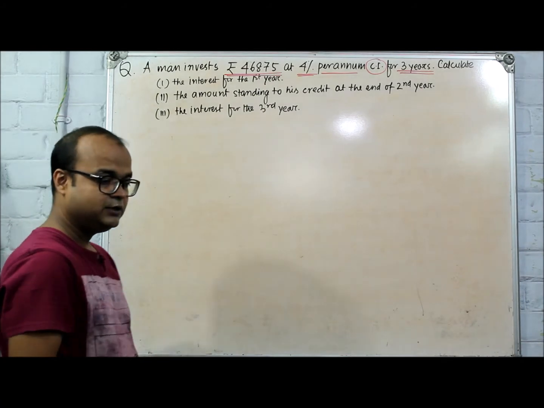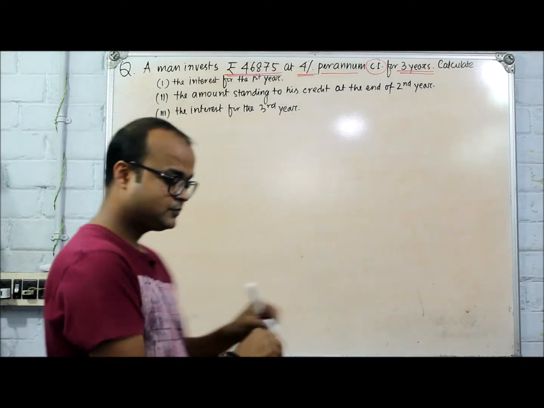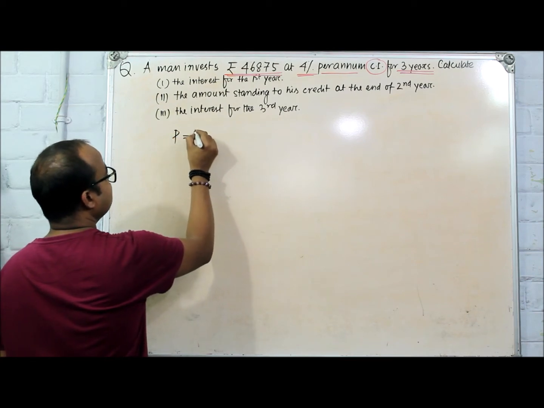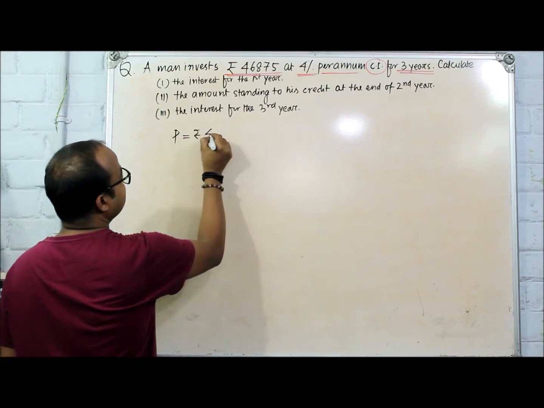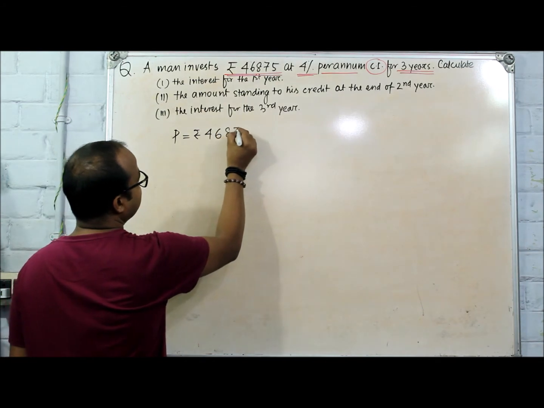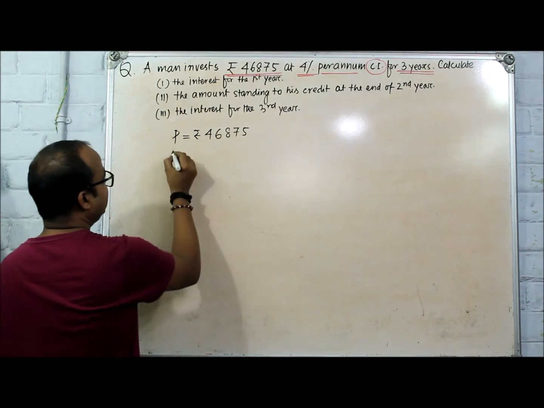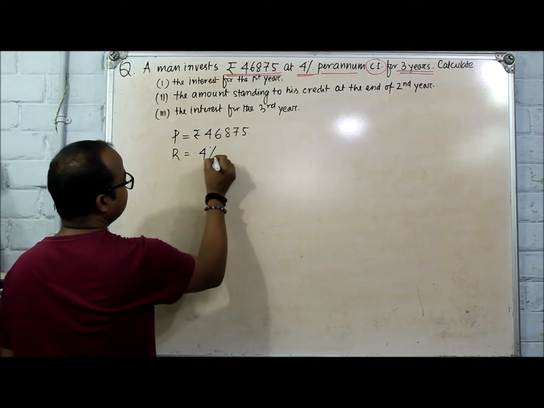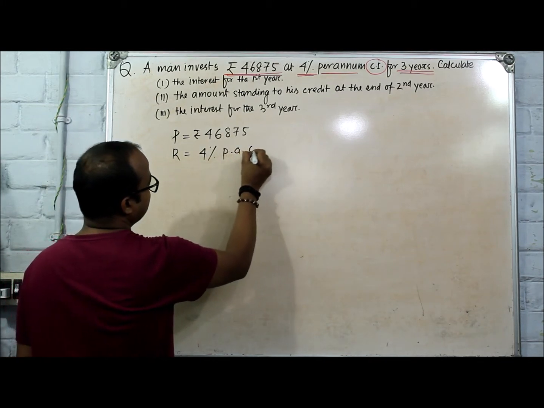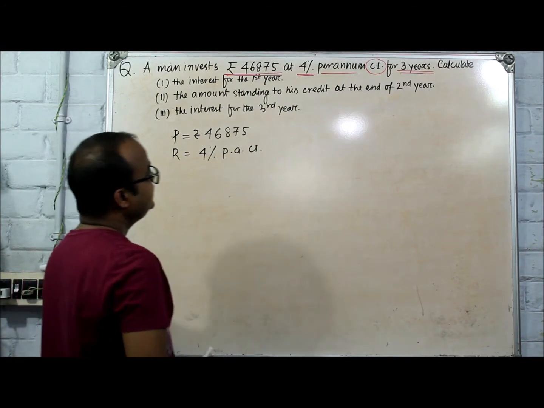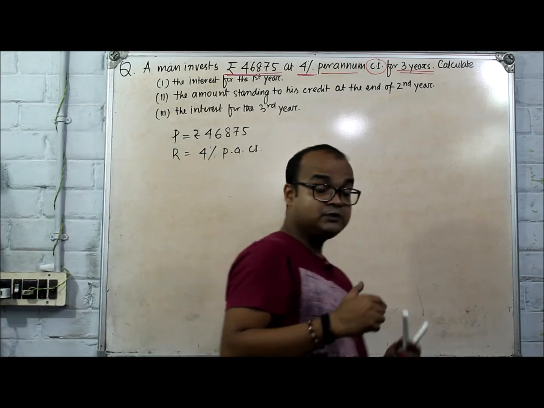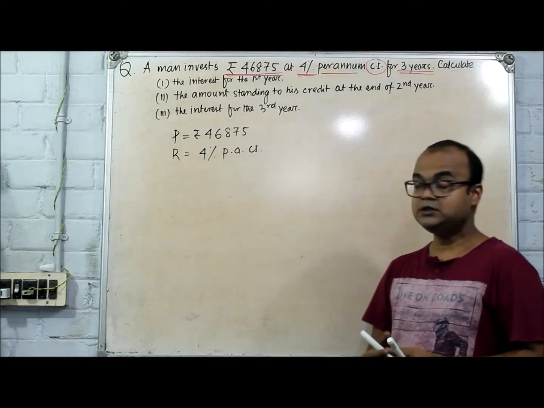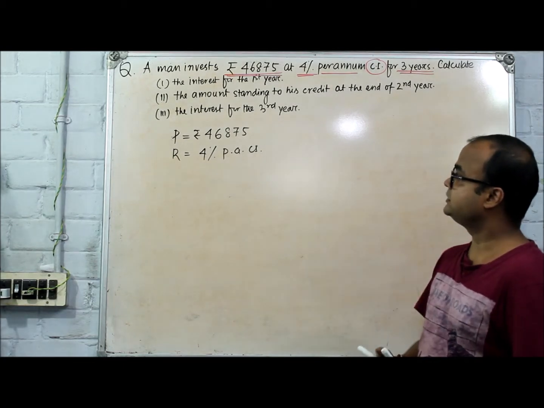So we write P is equal to rupees 46,875, and rate of interest is equal to 4% per annum CI, that means it is compounded annually at the rate of 4%.